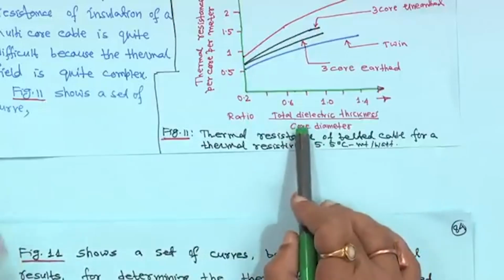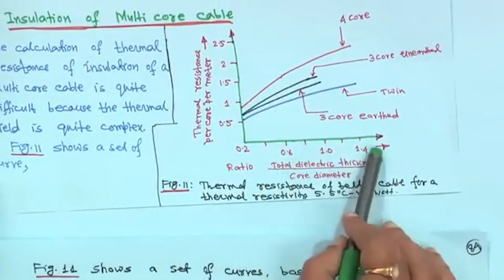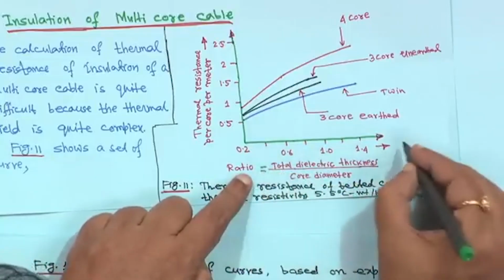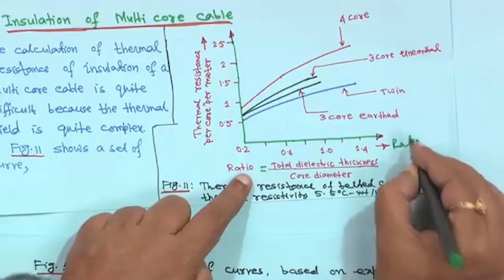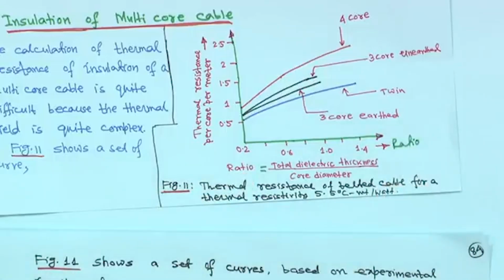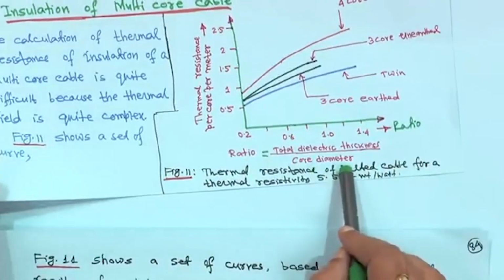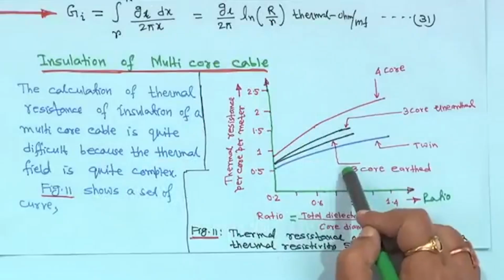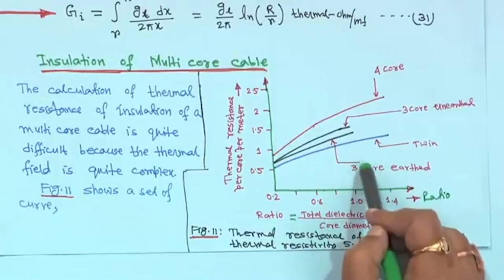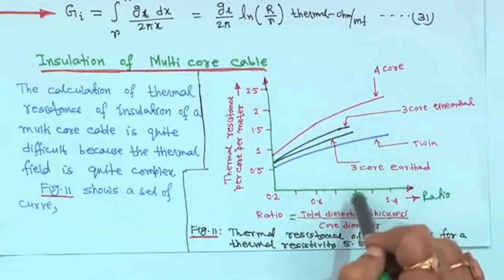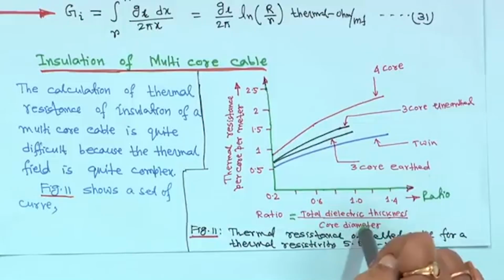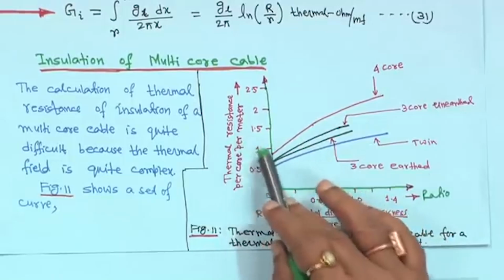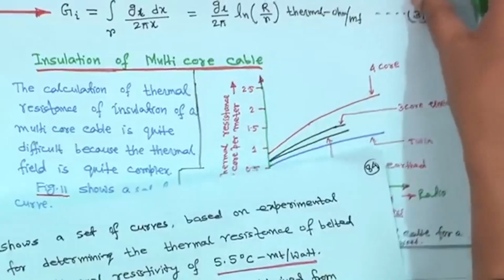The x axis is the ratio of total dielectric thickness divided by core diameter. A direct mathematical formula cannot be given, but this curve we can use. If you know the total dielectric thickness by core diameter, you can easily find the other quantity along the y axis.